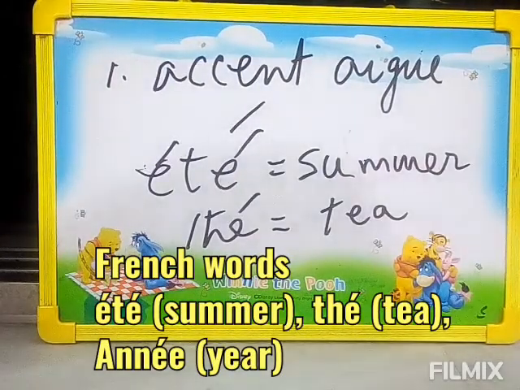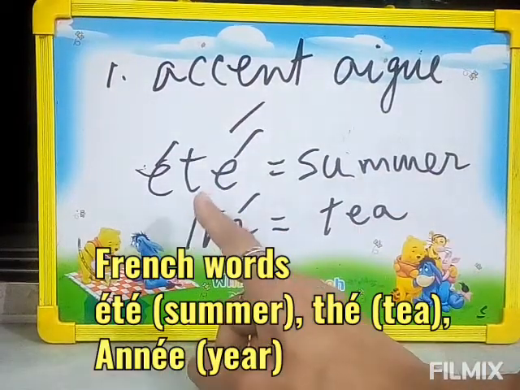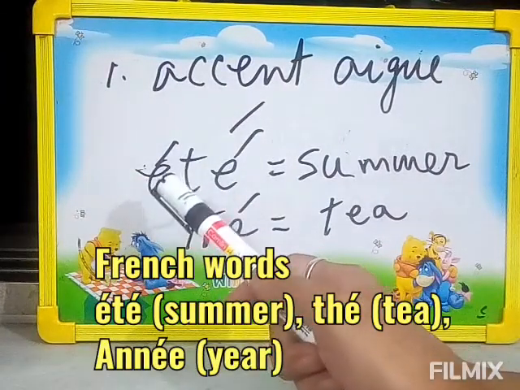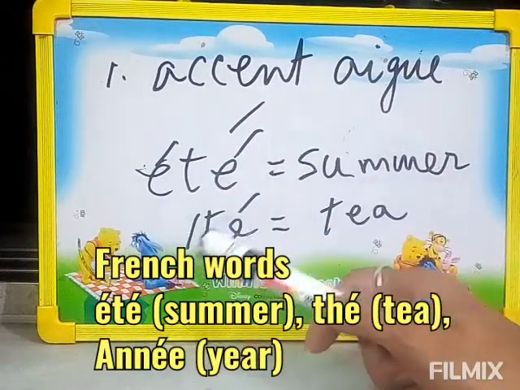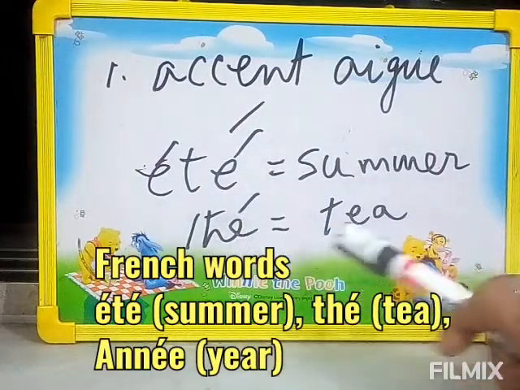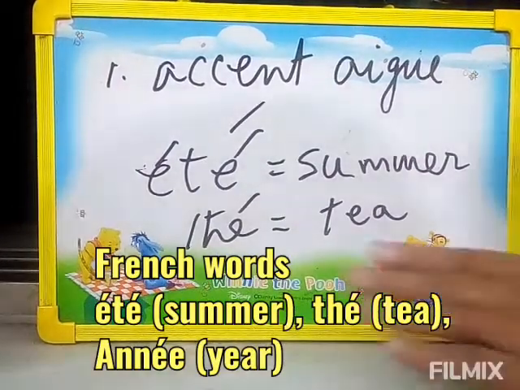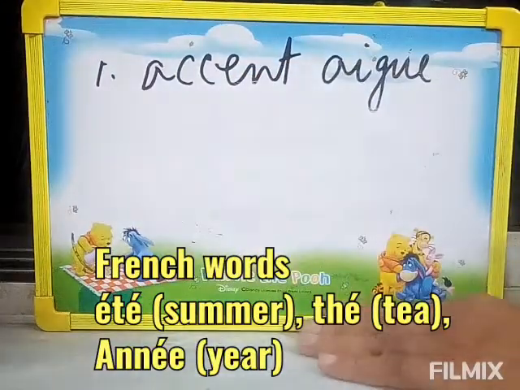But whenever you use this accent, the pronunciation becomes A. That means the pronunciation of this word été, summer season, and thé, tea. So many words with accent aigu we have in French grammar.